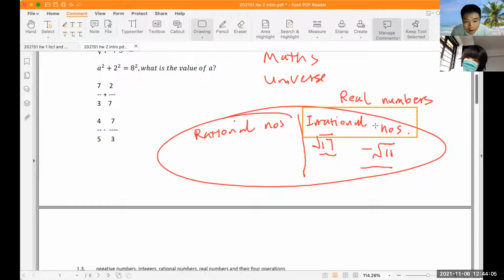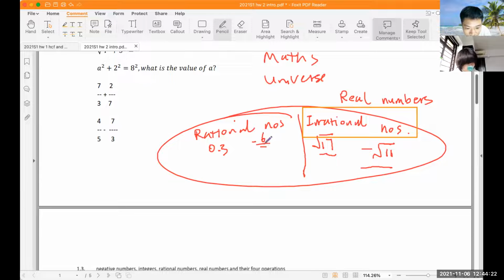When it comes to rational numbers, they are finite, like 0.3, which you can find the answer to.